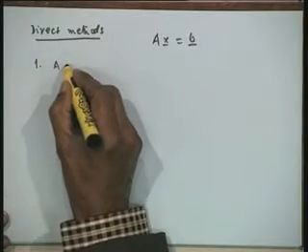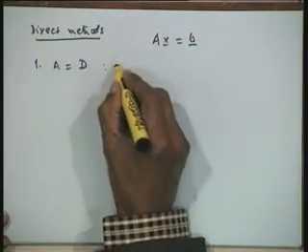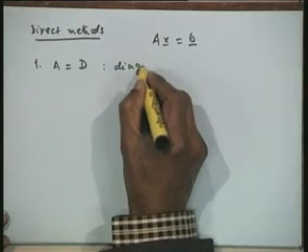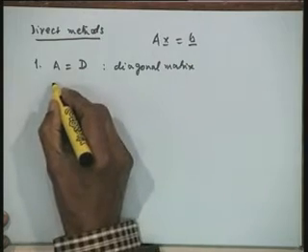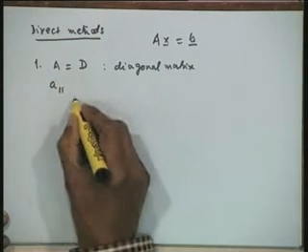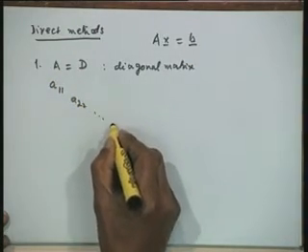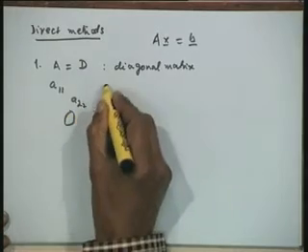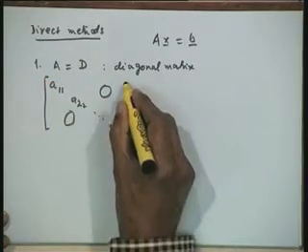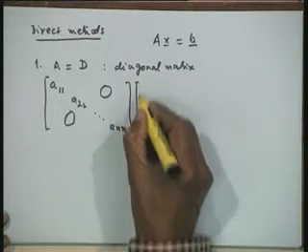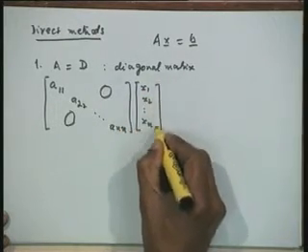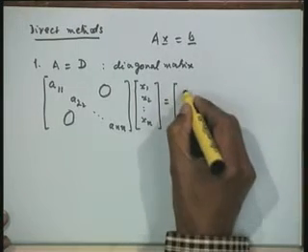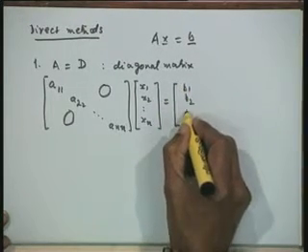Now, let us first of all take the case when A is a diagonal matrix. So, A is equal to D, a diagonal matrix. That means, what we are talking of here is the matrix a11, a22, so on ann. This A, and we have the vector x1, x2, xn, and the right hand side vector b1, b2, bn.